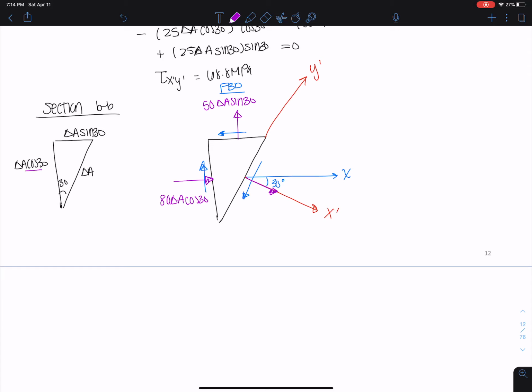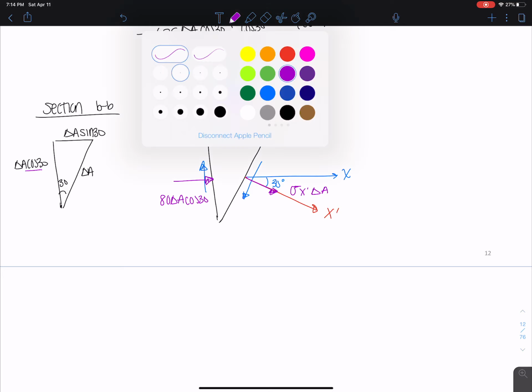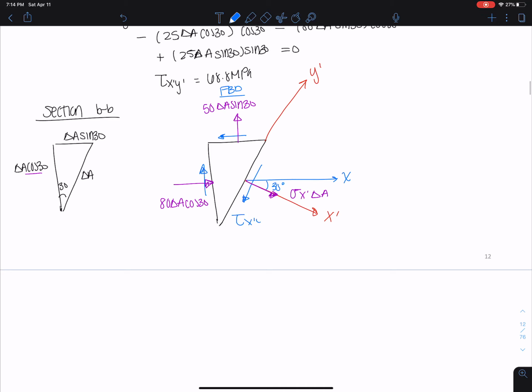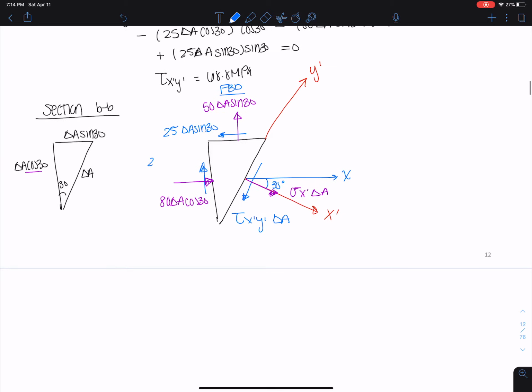And then we have here our sigma x prime delta A, and then our tau x prime y prime delta A. We have our 25 delta A sine 30, and we have our 25 delta A cosine 30.